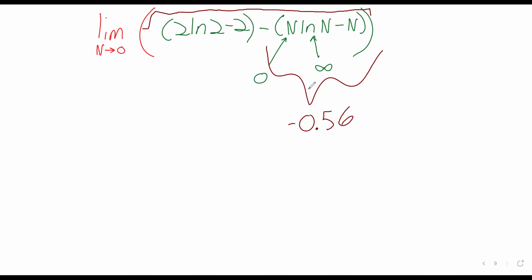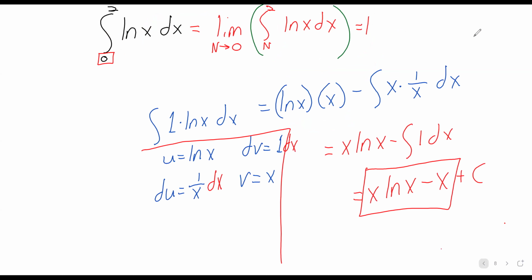On Desmos, it's not just this that's negative 0.56. It's this whole thing. Not quite what I was expecting, but we'll leave it be for now. I can double check my work after class.